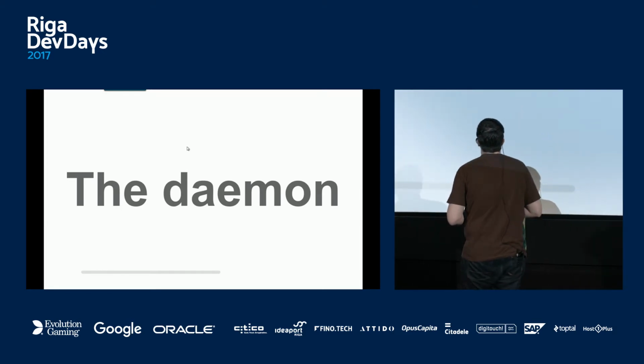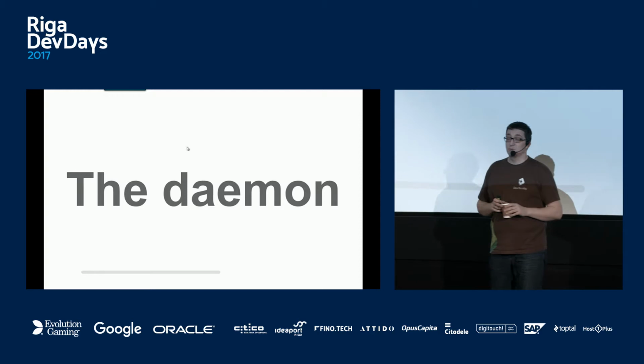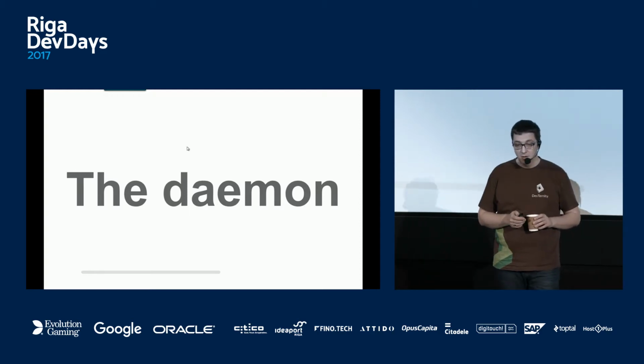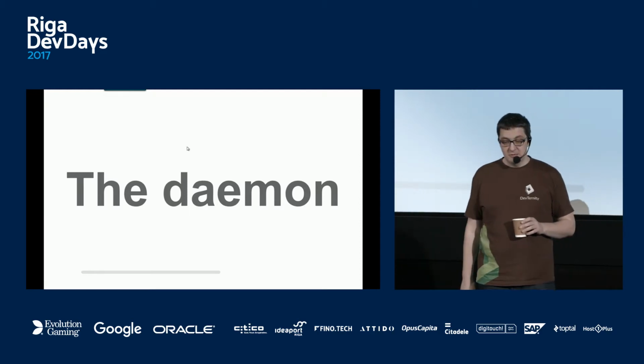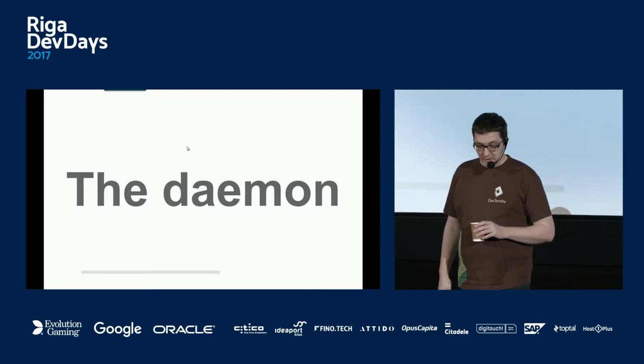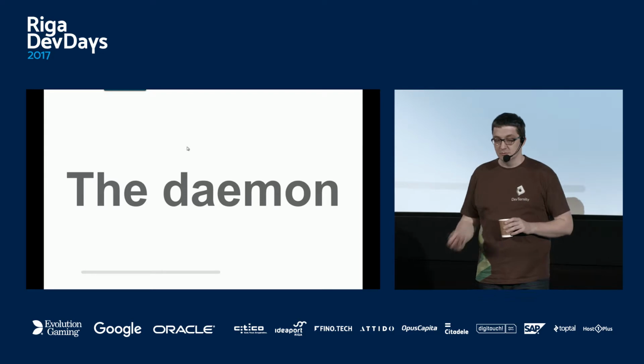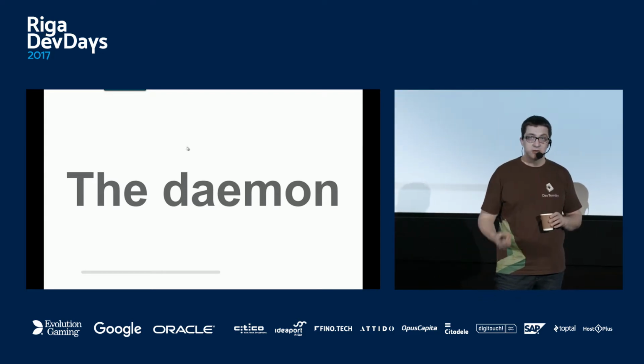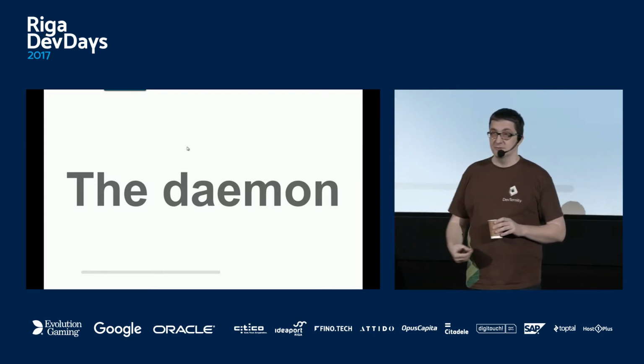Another thing, the daemon. The daemon has existed since version 1.something, I don't remember the exact version. It was initially made as an experimental feature. Now it's always enabled, and it's another way to make continuous repeated builds faster.